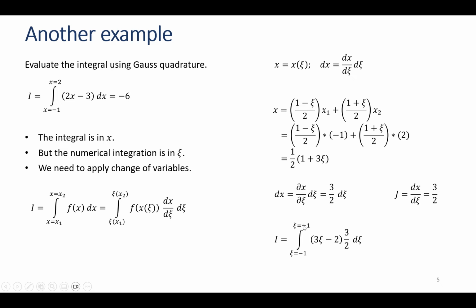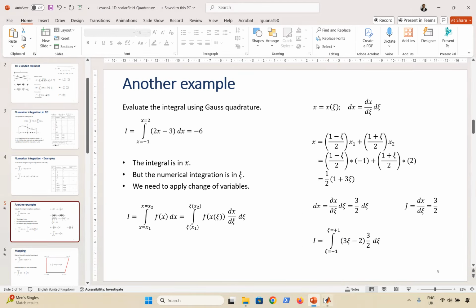Okay, so now we have the limits from minus 1 to plus 1, so we can apply our numerical integration procedure. The function is a linear function in terms of xi, so only one Gauss point is enough. So here our f of x is 3 xi minus 2 multiplied by 3 by 2.